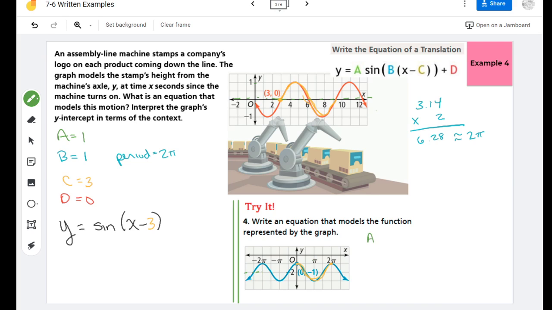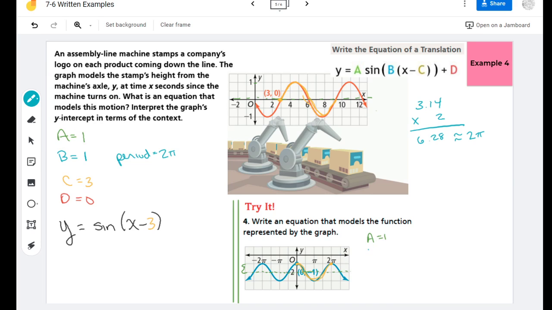The midline of my graph looks like right here, because this is counting by ones, so it's at -3 down here and -1 here. So halfway between -3 and -1 is -2. But you could see that the amplitude is this distance here, and that's only a distance of 1. So my A here is 1.